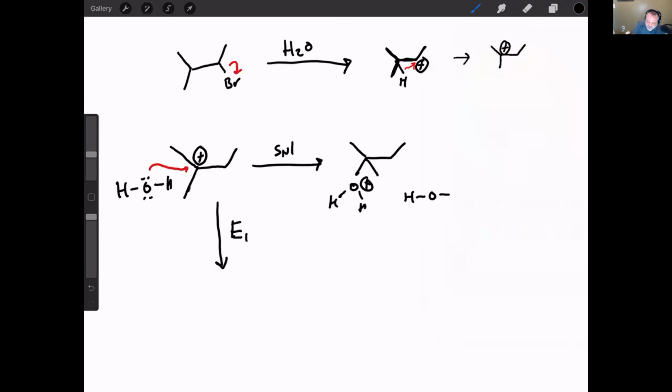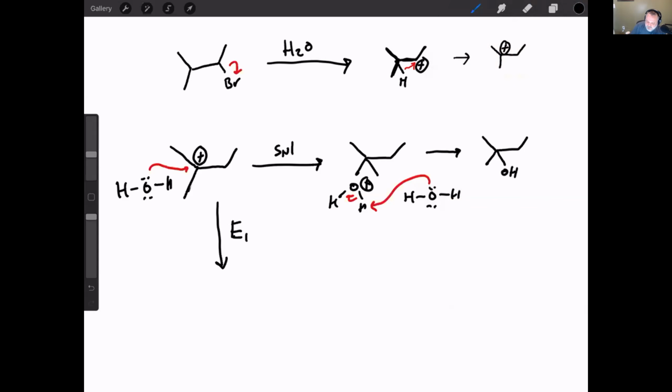And so in Orgo 1 and certainly in Orgo 2 as well, we're always going to be ending up with a neutral product. And so we want to do another proton transfer in order to get that final neutral product, where I have substituted the bromine for an OH group.